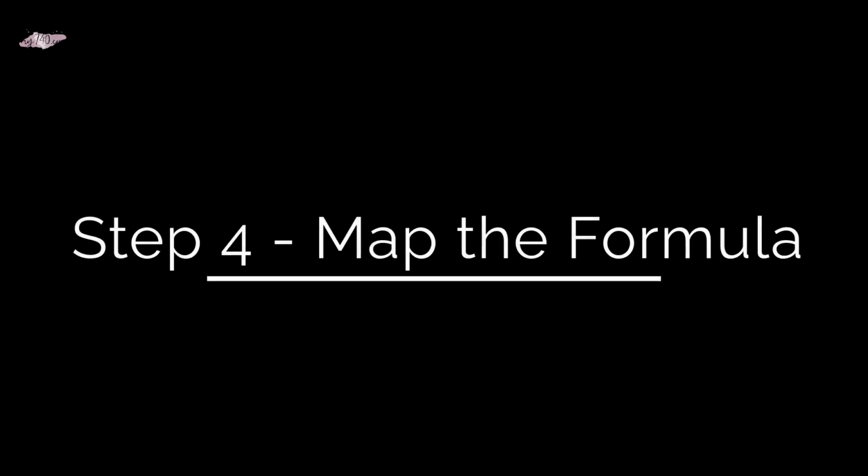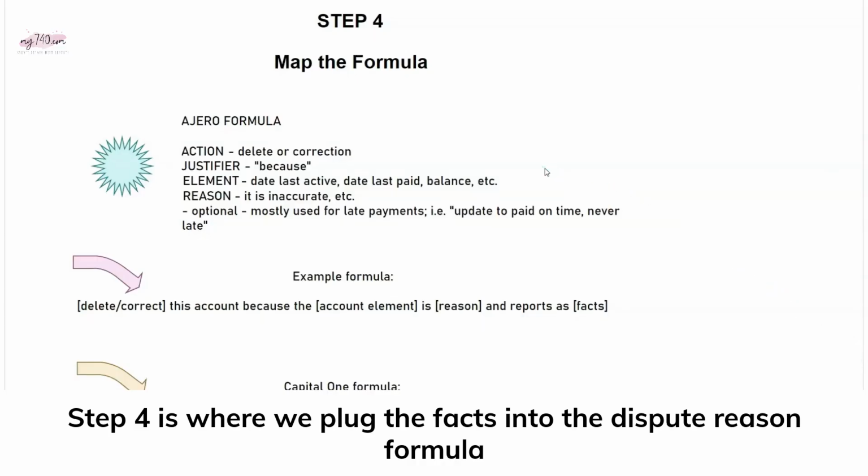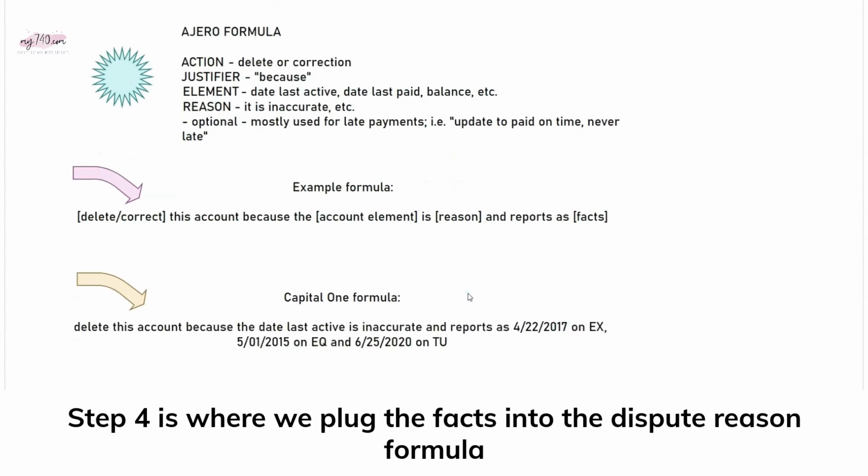Okay. So step number 4 is where we map the formula. We're using the Agero formula, and I will link that down in the description, but it's very simple. We have an action, delete or correct, justifier, the word because, the element, date last active, date last paid, whatever, and the reason, it's inaccurate, it's wrong, I paid, whatever. And then optionally, mostly used for late payments, update to pay it on time, never late.